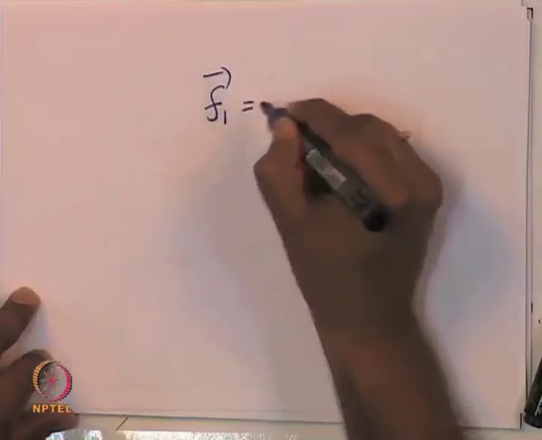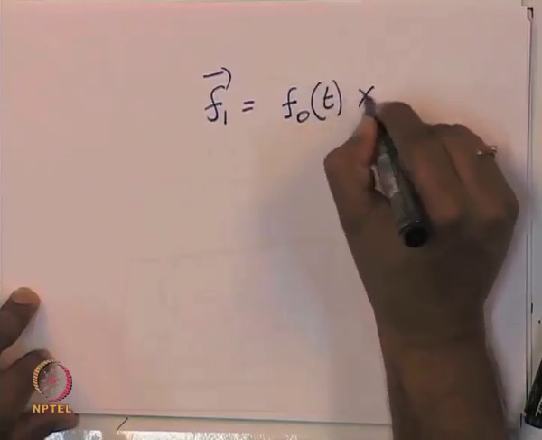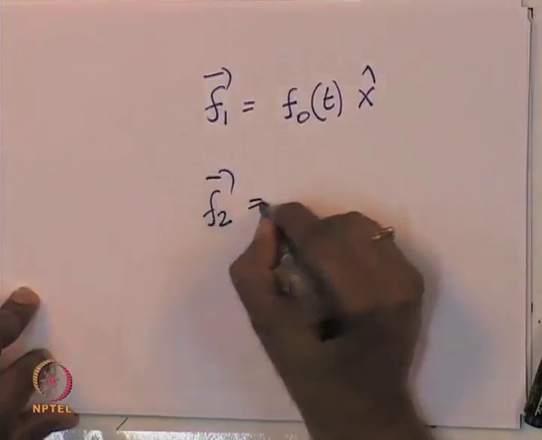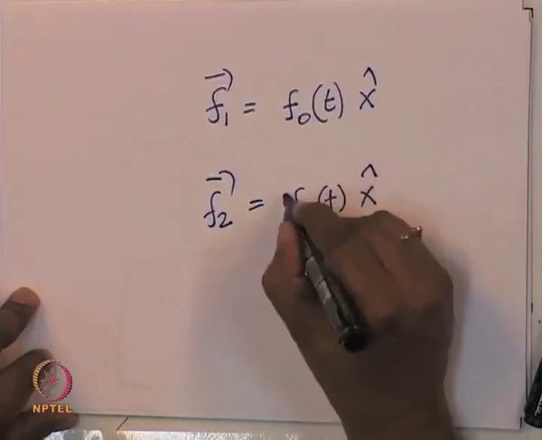Now, you can make the force time dependent if you want. Then you can write F 1 is some F 0 function of time, along x cap, and F 2 is F 0 of t times minus x cap.